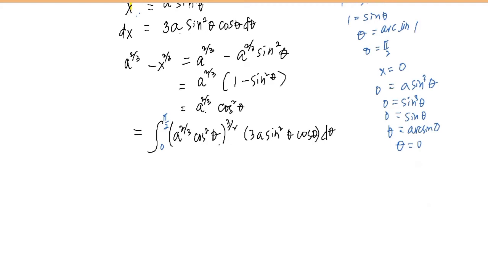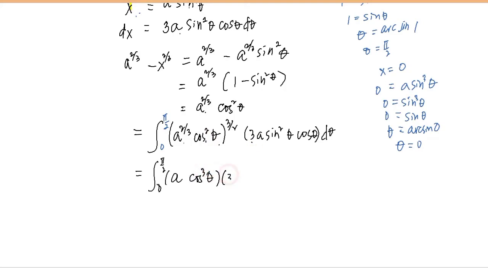So continue natin yung integration natin, and we simplify this. So we have here the integral from 0 to pi over 2, and a to the 2/3 raised to 3/2 is equal to a. The cosine squared raised to 3/2 is cosine cube.